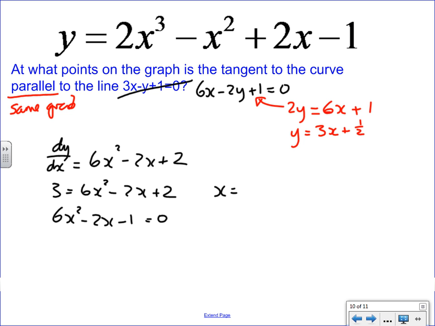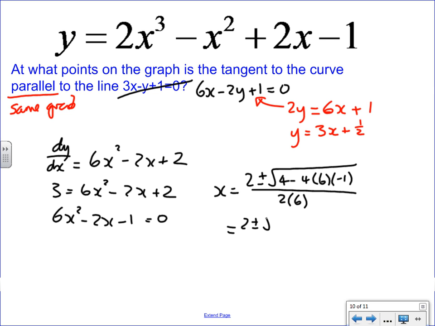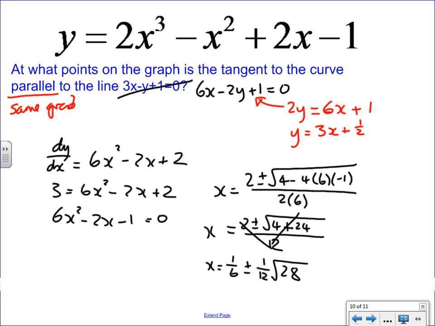x equals minus b plus or minus the square root of b squared minus 4ac all over 2a. So this is 2 plus or minus the square root of 4 plus 24 all over 12. So this is 2 over 12 plus or minus a 12th of the square root of 28.